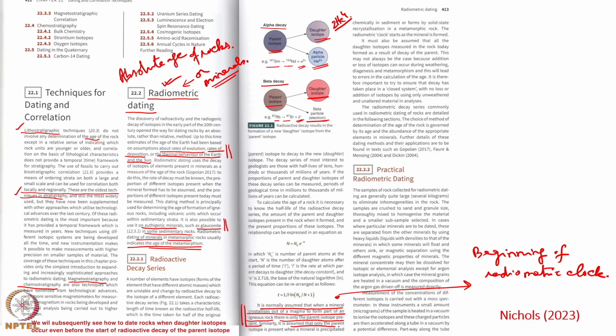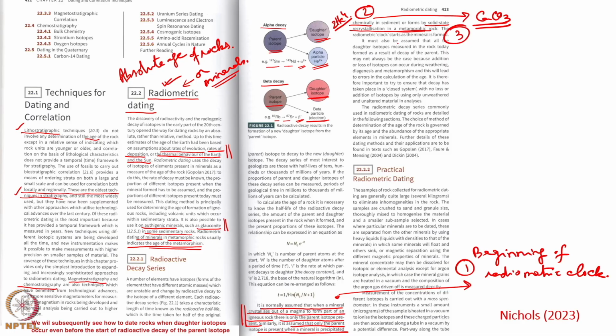Similarly, we assume that only the parent isotope is present when a mineral is precipitated chemically. An example of chemical precipitation can be limestone formation, usually in shallow sedimentary environments, or when solid state recrystallization happens in a metamorphic rock, the radiometric clock starts. So, this is one, this is the second, and this is the third point when the radiometric clock can start.